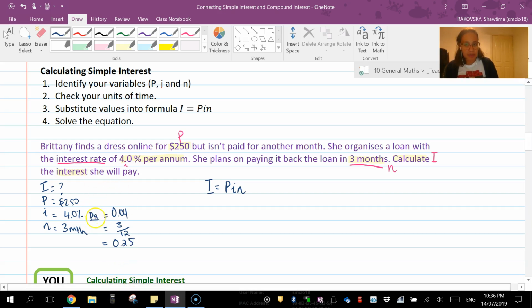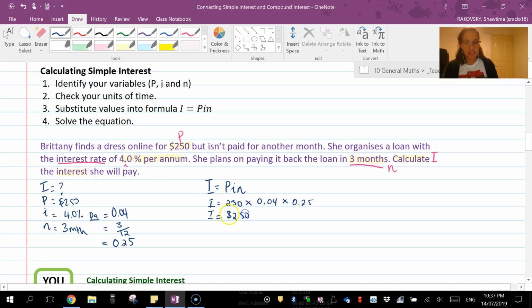So be really careful with your interest rate. Now I substitute my values in. I equals principal 250, times my decimal interest rate, 0.04, multiplied by the time interval, or the length of my loan, 0.25. And I is going to equal $2.50.